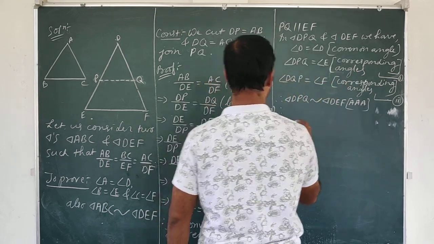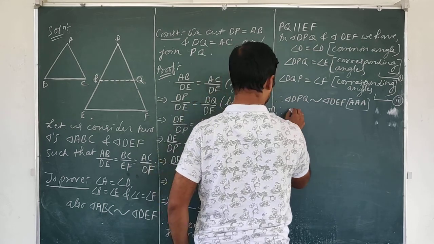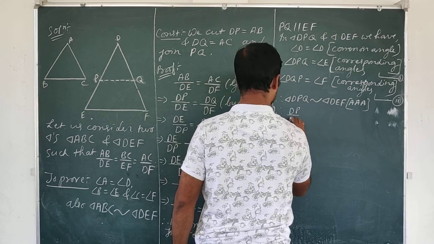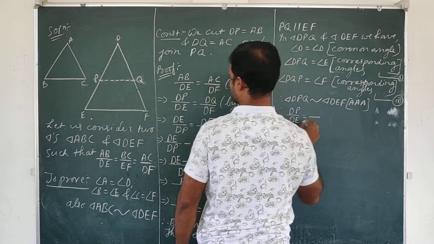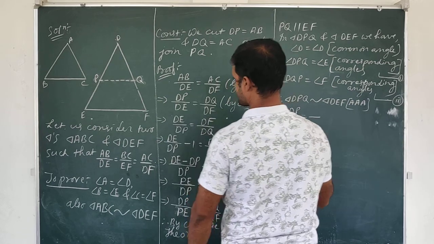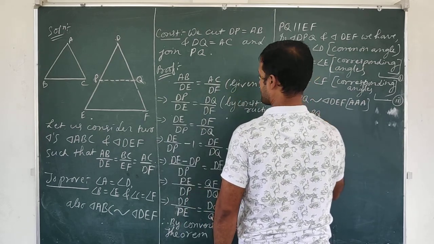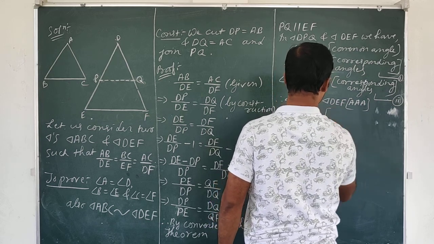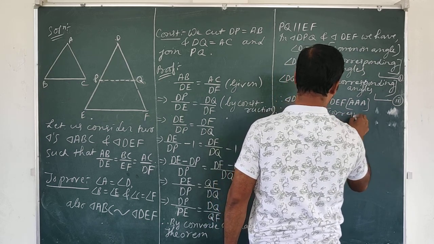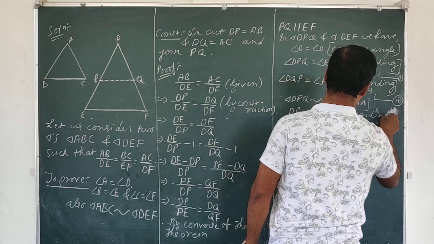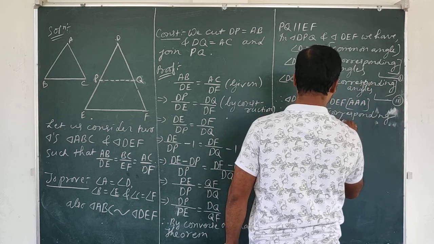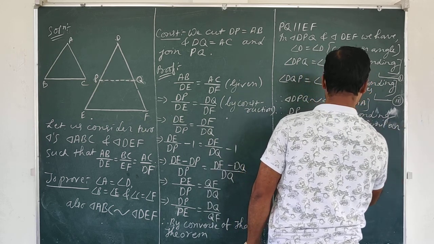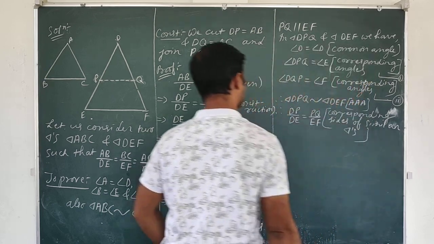Then you can easily write DP by DE is equal to PQ by EF, corresponding sides of similar triangles.